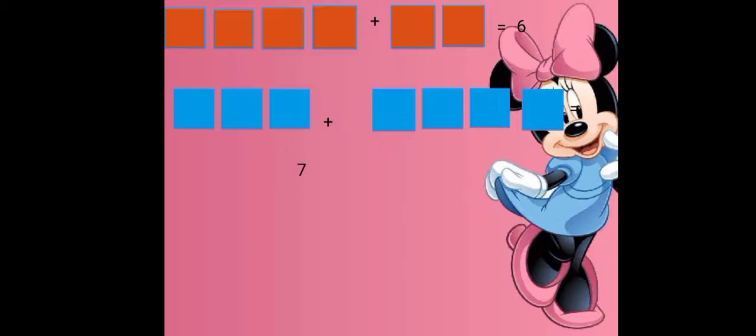So the last example: 1, 2, 3 blocks plus 1, 2, 3, 4 blocks. Alright, very good. So 3 blocks added by 4 blocks is equal to 7 blocks.